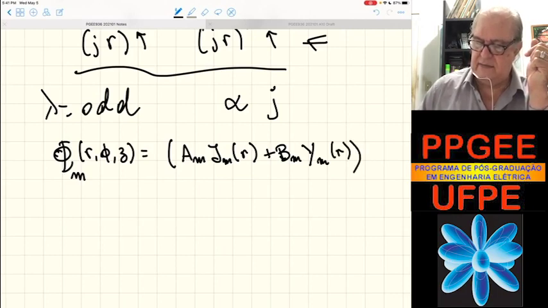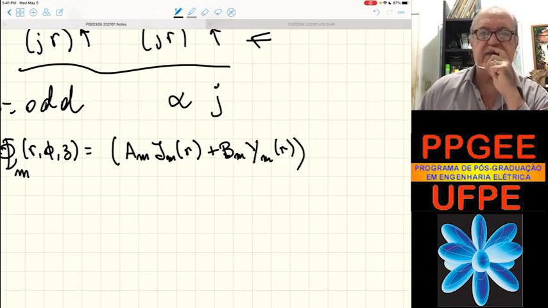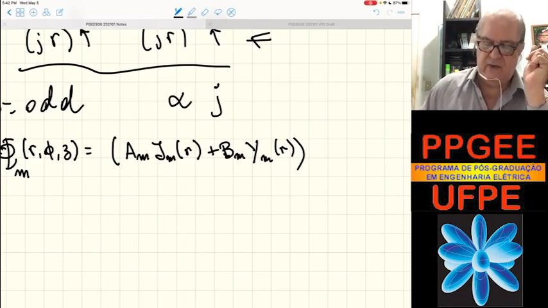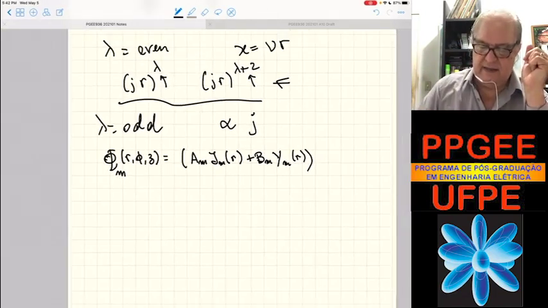I'm using Ym, the Neumann function, the Bessel function of the second kind, as the second solution.